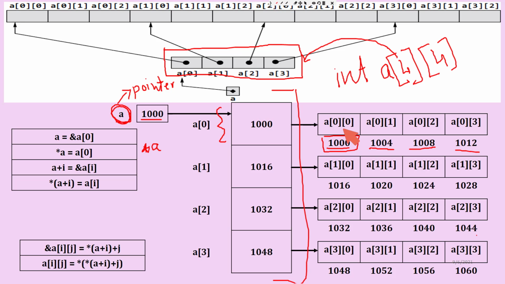There is no need to take the value from elsewhere. A is pointing to this one-dimensional array, so the value at 1000 is also 1000. So star A refers to A of 0.